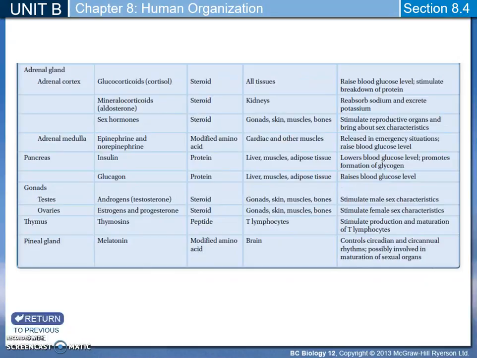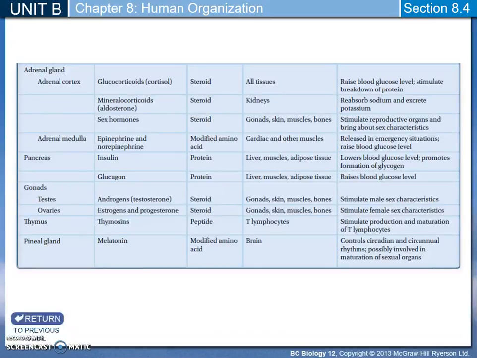And then we have the adrenal cortex, which we have looked at before, where you have the glucocorticoids, which raise blood glucose level and stimulate breakdown of protein. We have the mineralocorticoids, which cause the reabsorption of sodium and excrete potassium at the kidneys.